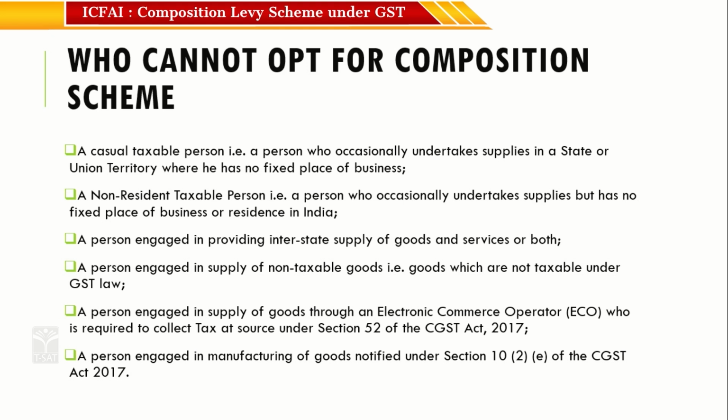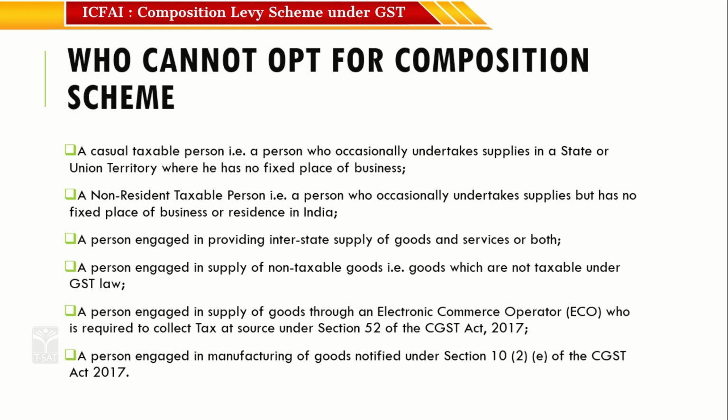If the person is involved in any kind of interstate supply, that means the supply between two states whereby the supplier and the recipients are situated in two different states, in that case the person concerned, the registered person, is not allowed to opt for any kind of composition levy. The person need to mandatorily go for regular levy and fulfill the compliance thereby.